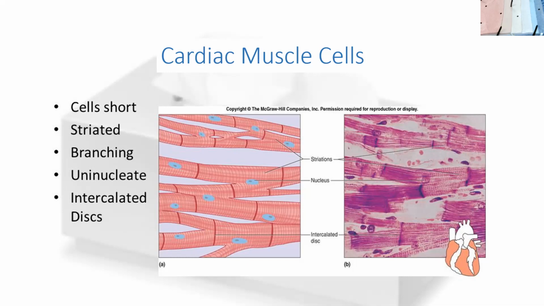In our arm, for example, we control the strength of the contractions by how many cells we're going to use, depending on what we're doing. If I'm moving this chair, am I using a lot of muscle cells for that, or am I using a few? Well, it depends on how heavy the chair is.